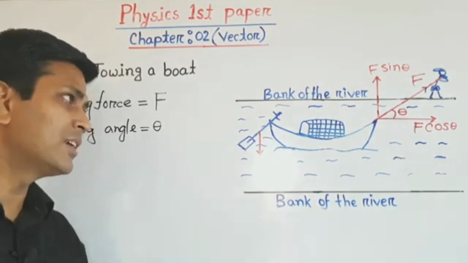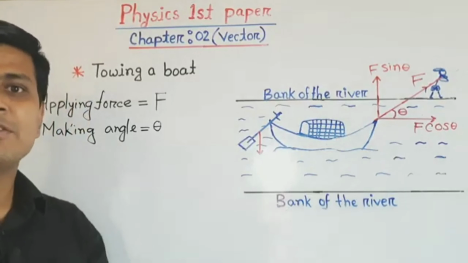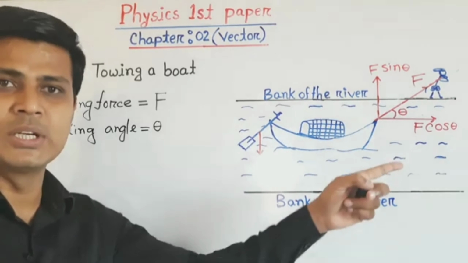The horizontal component of the applied force is the effective force, because by that force the boat moves forward.